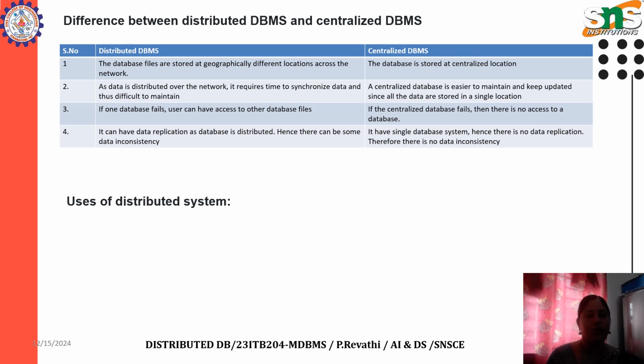In distributed database management system, as data is distributed over the network, it requires time to synchronize data and thus is difficult to maintain. A centralized database is easier to maintain and keep updated since all the data is stored in a single location. In distributed database, it can have data replication as the database is distributed. Hence, there can be some data inconsistency.